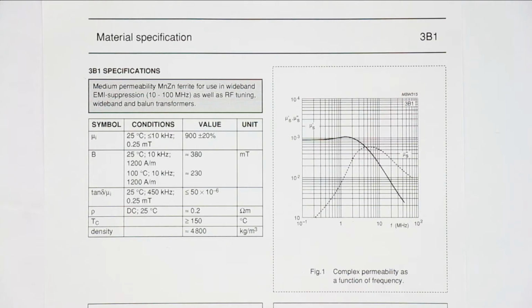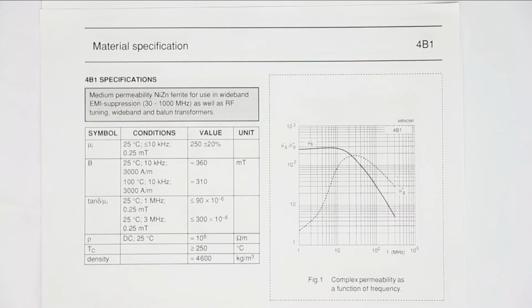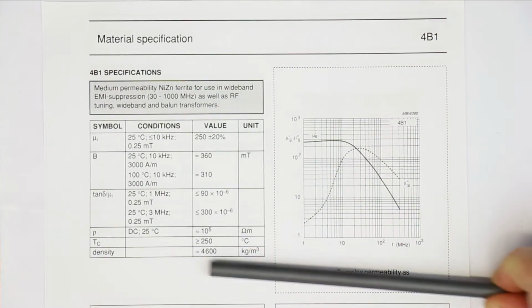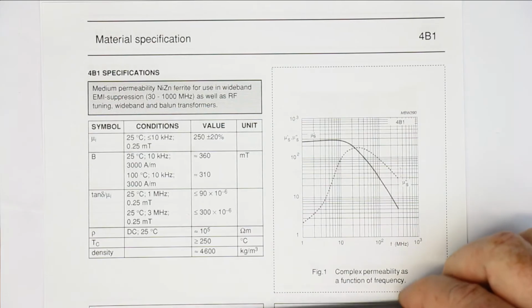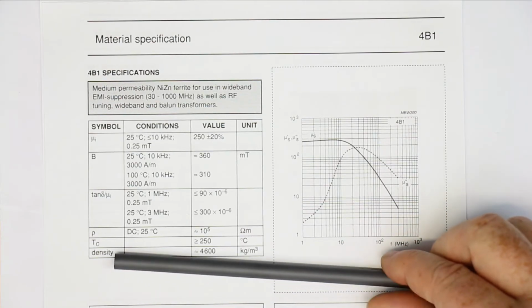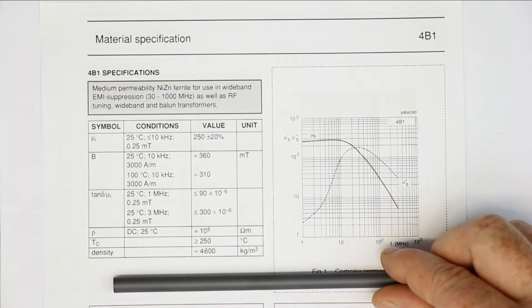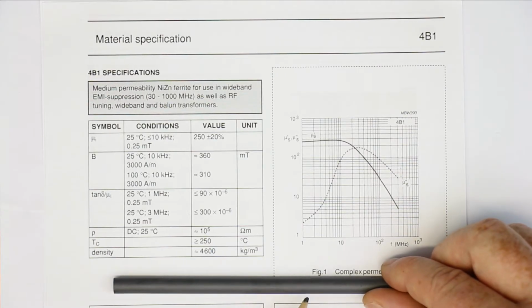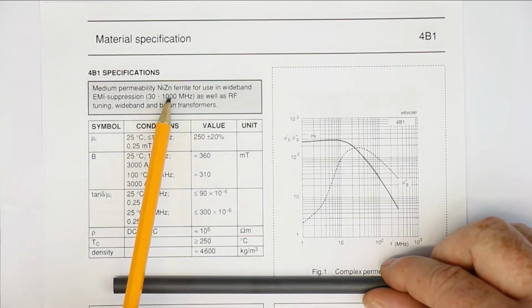And now let's compare this with the other material, 4B1, and that is exactly the material that our special Ferrite-Rod for shortwave reception is made out of. I already mentioned the lighter gray color of this material. Now we can see it's a different kind of ferrite.